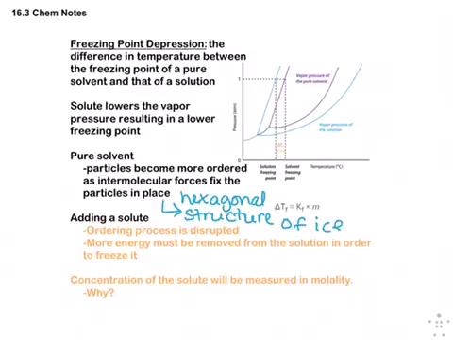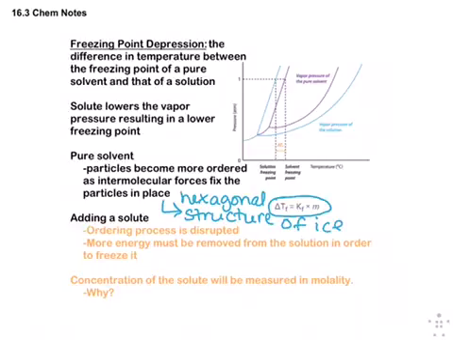But when you add a solute, this nice orderly structure gets disrupted, and more energy must be removed from the solution in order to freeze it. And so we have a handy dandy little formula over here to figure out the adjustment. When we make a solution, how is that going to affect the freezing point?